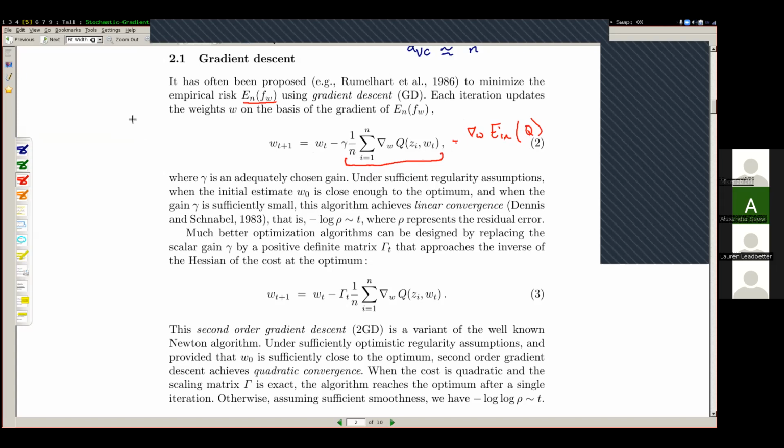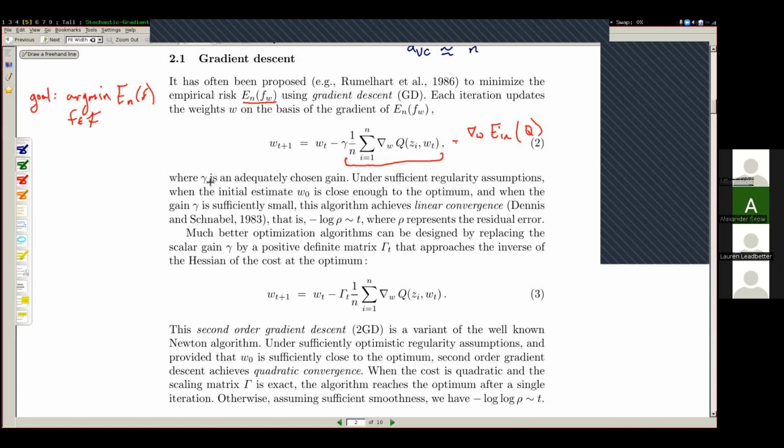And again, when they're saying their goal is to minimize the empirical risk, in more formulaic terms, that's saying that our goal is to compute the arg min over f in fancy F of E sub n of f. Since this is the thing that we're minimizing, that's the thing that we're taking the gradient of over here.